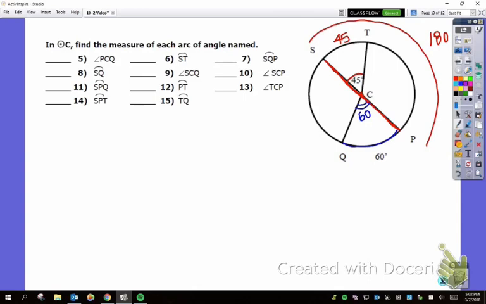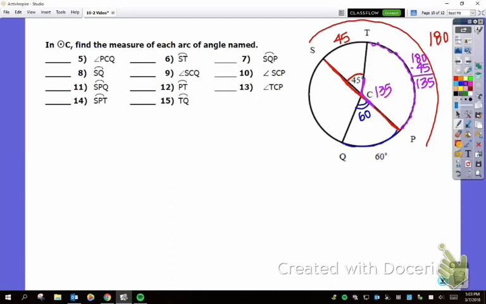To find this angle right here, we know that it forms a straight line with 45. So we would have to say 180 minus 45, which gives us 135. So this angle is 135, and this arc is also 135.